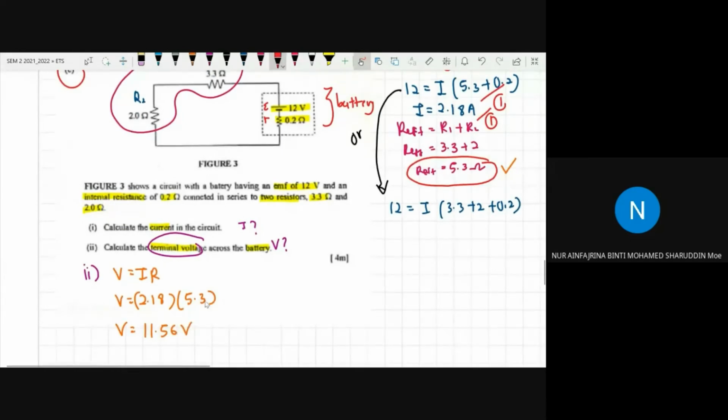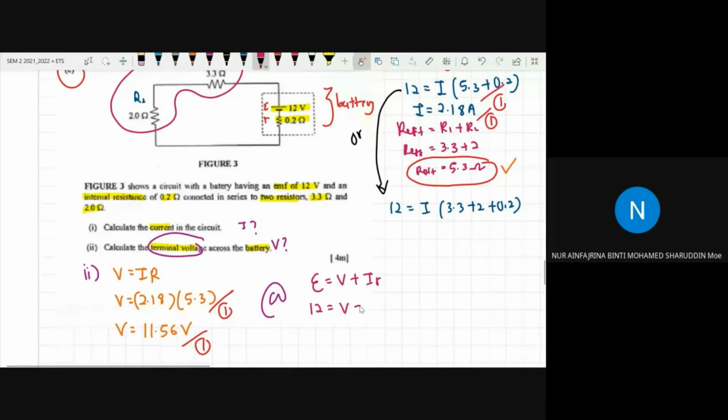Okay, so 1 mark for this and 1 mark for answer with unit. Or kalau ada yang buat cara ni pun diterima, which is EMF equals to V plus Ir. Your EMF is 12 volt. Your V is 11.56. No, we are looking for V. Sorry.